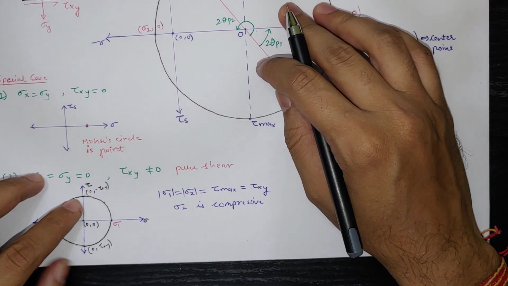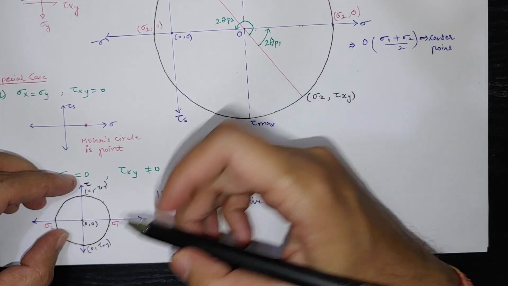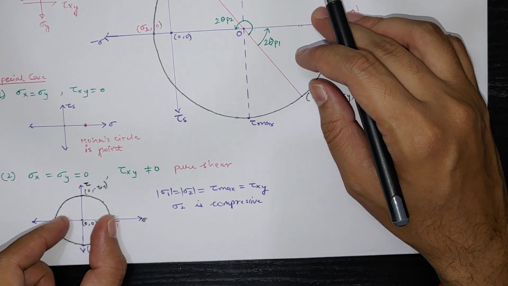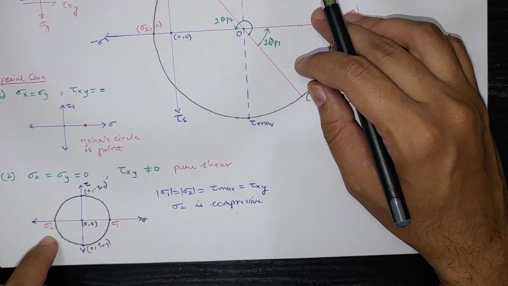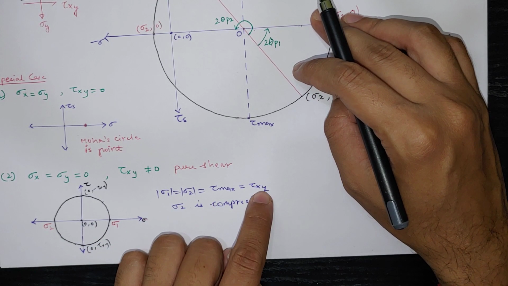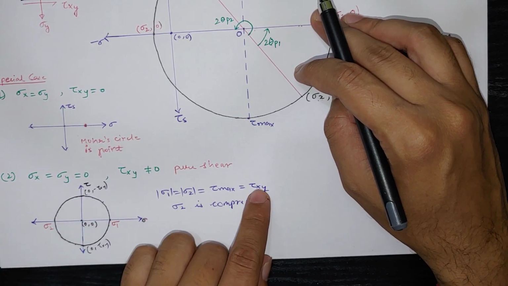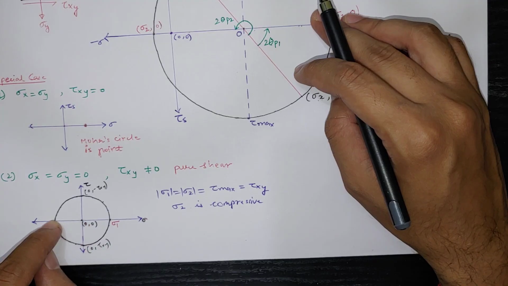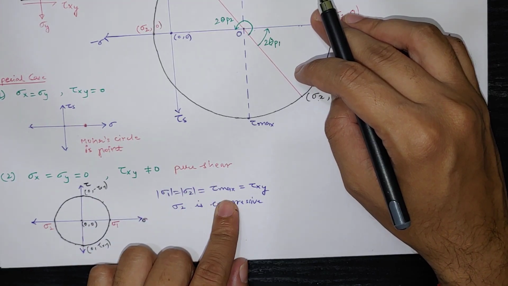If we plot these two points, draw a diameter line and draw a circle, we get sigma 1 and sigma 2, which are also the radius of the circle. So the magnitudes of sigma 1 and sigma 2 will be equal to tau xy only, and tau max is also tau xy, and sigma 2 is compressive, so it will be in the negative direction. So that is the case of pure shear.